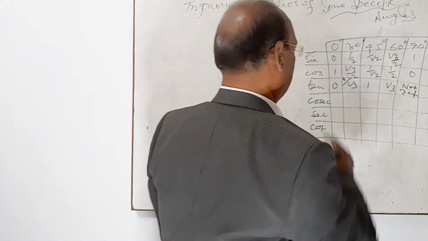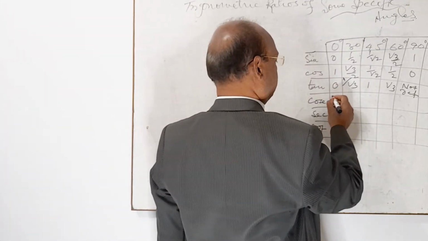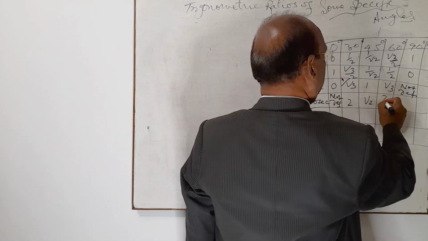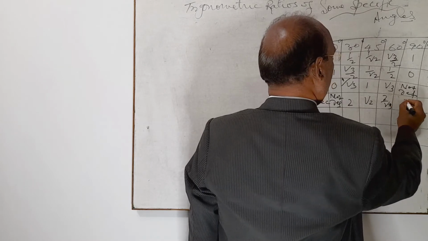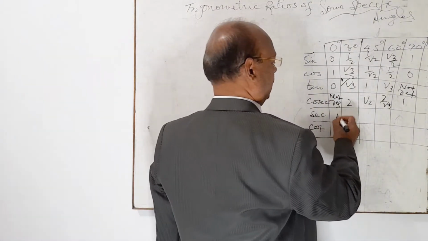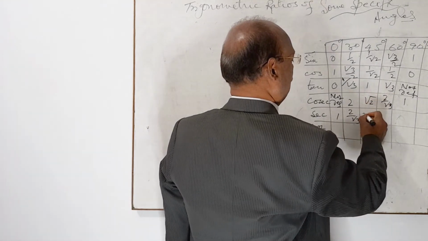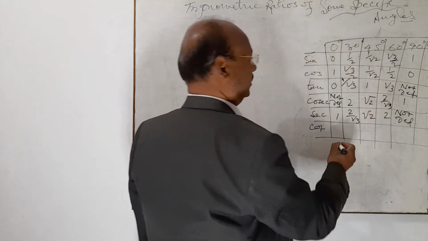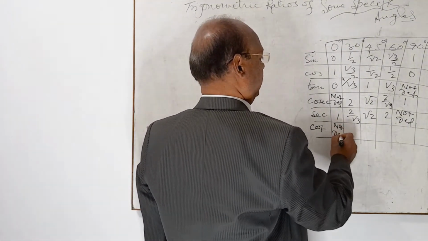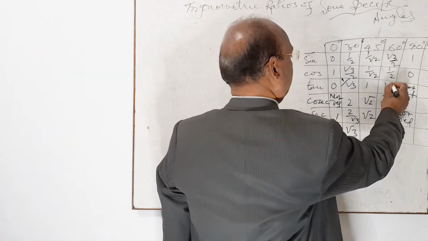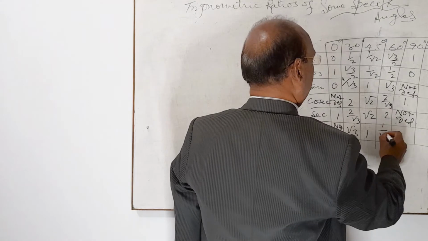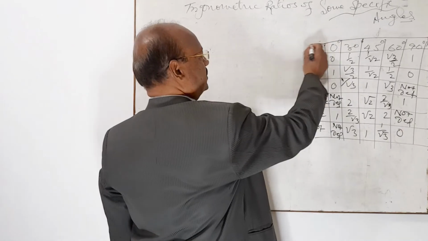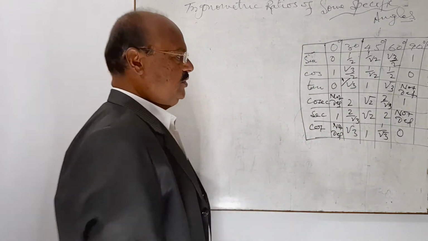Again cosec means 1 by sine, means 1 by 0, this is not defined. Here 2, root 2, 2 by root 3 and 1. Here this is 1, 2 by root 3, root 2, 2, this is not defined and this is not defined. This is root 3, this is 1, 1 by root 3 and 0. So please keep this table in your mind always.